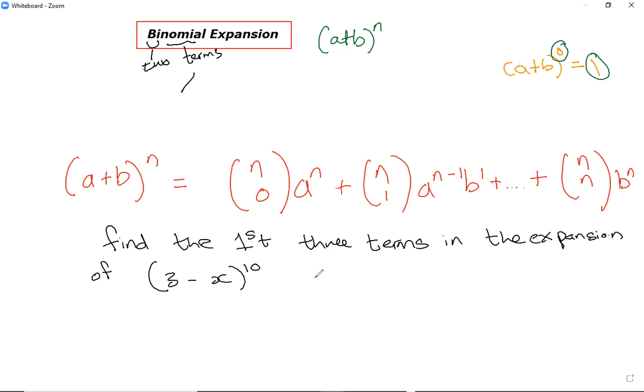So you would apply this here and say, okay, therefore I can see that n is equal to 10, a is equal to 3, and b is actually equal to negative x, because it's a positive in the initial formula. I've got a, b and n. I can then write this out 4 times, and that's going to produce the following.